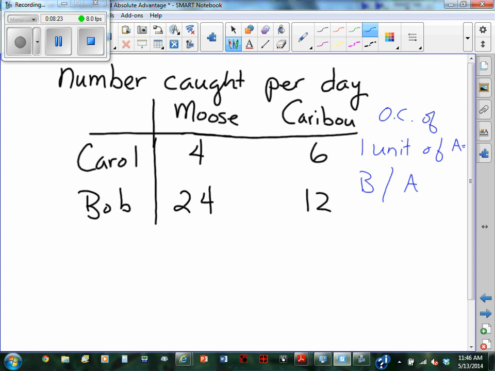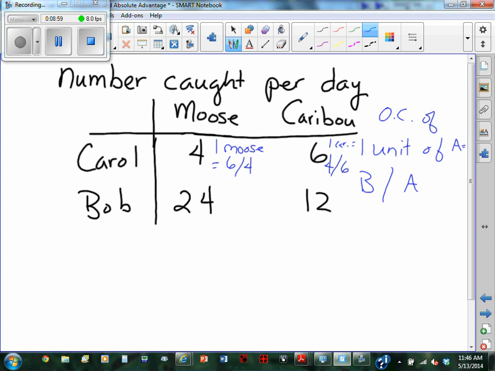So if Carol is going to catch moose, we're going to look at caribou divided by moose. So 1 moose for Carol equals 6 caribou divided by 4 moose. On the other hand, if we're going to catch caribou, 1 caribou is going to be equal to 4 moose divided by 6 caribou.